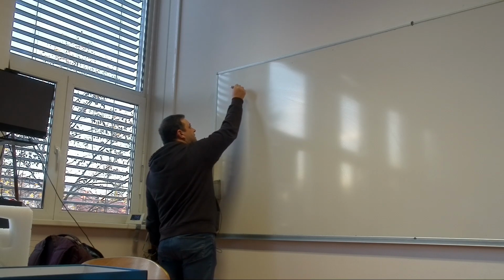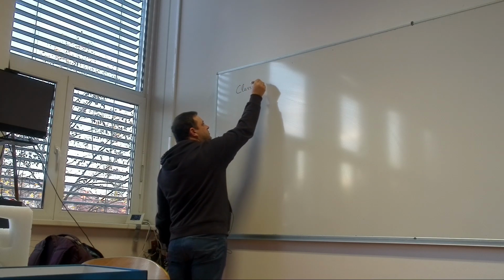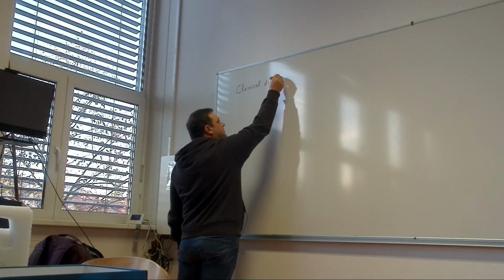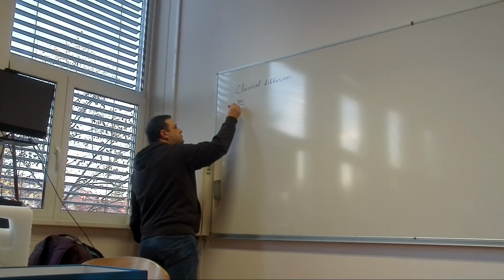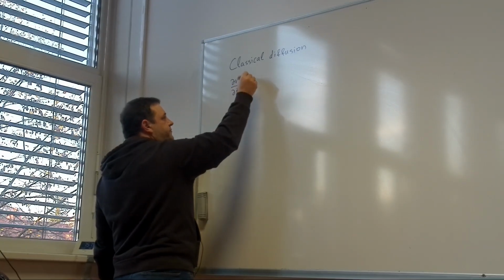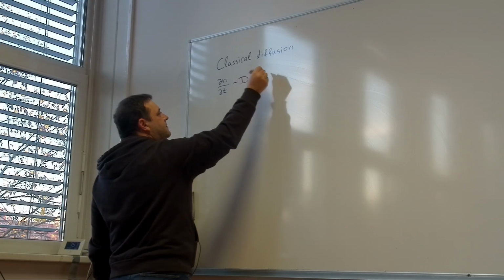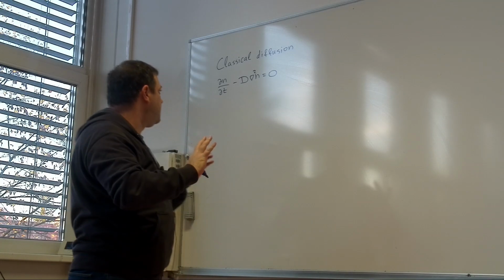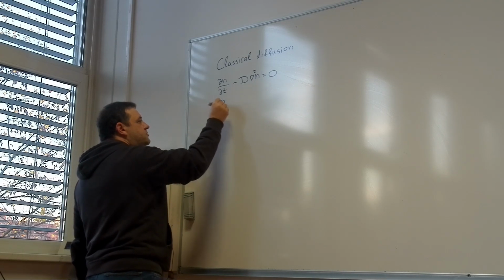We discussed classical diffusion, which is described by the diffusion equation. The diffusion equation contains a diffusion constant, and we discussed in much detail what the propagator of this diffusion equation is.